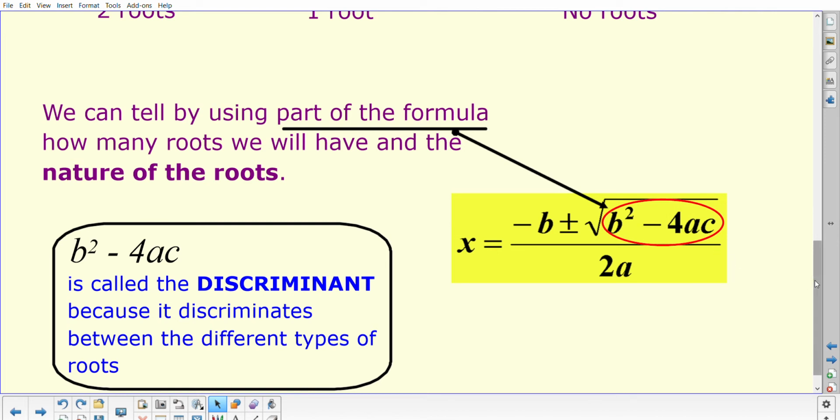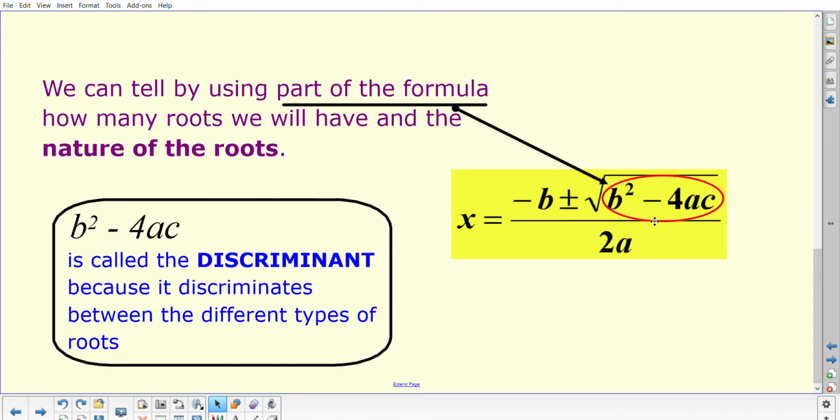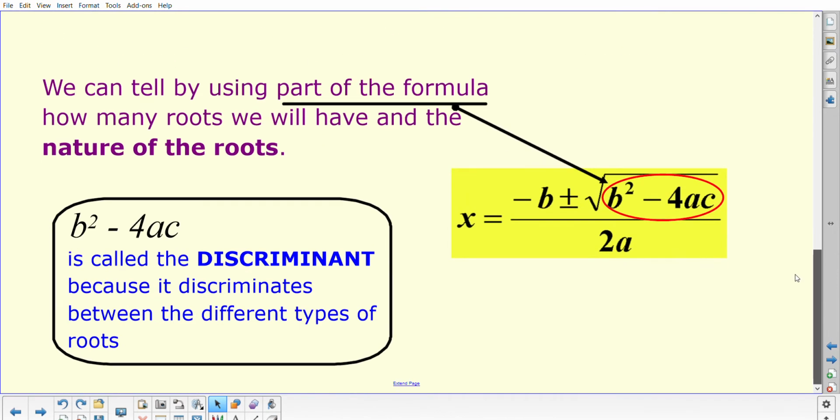So you also would have seen yesterday when you're working with this, if you get a value that is greater than 0, then you're adding and subtracting this value, so you produce the two root scenario. However, if b squared minus 4ac was equal to 0, then you'd have nothing to add or subtract on the top line there, and you'd simply end up with only one root or only one solution.